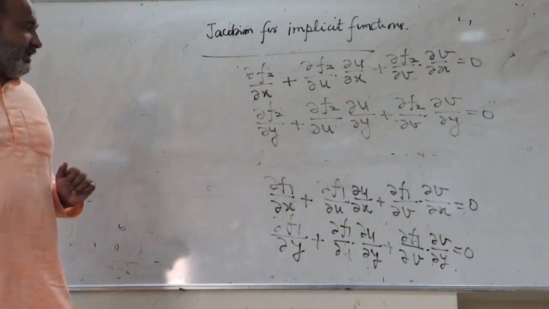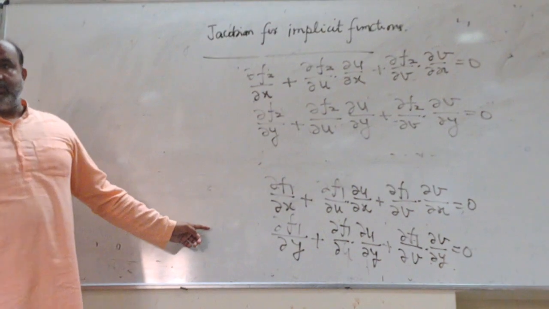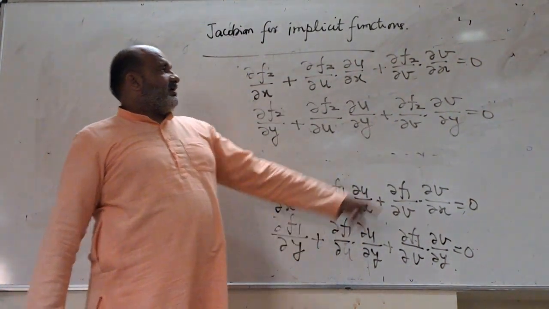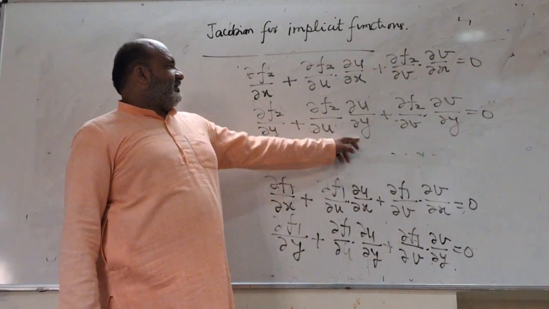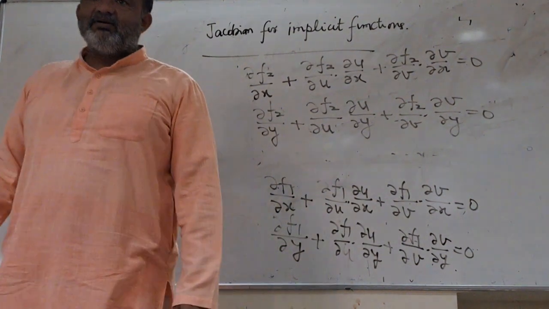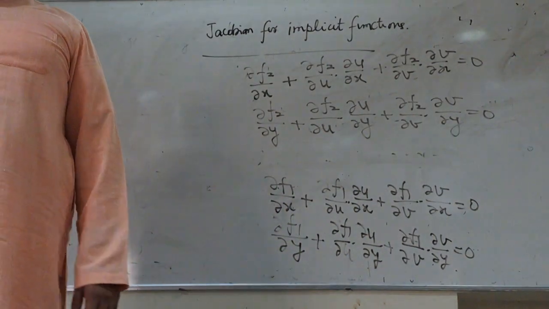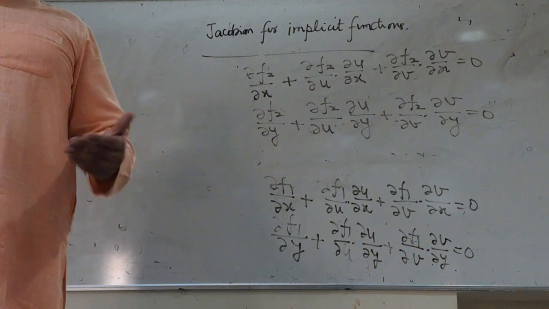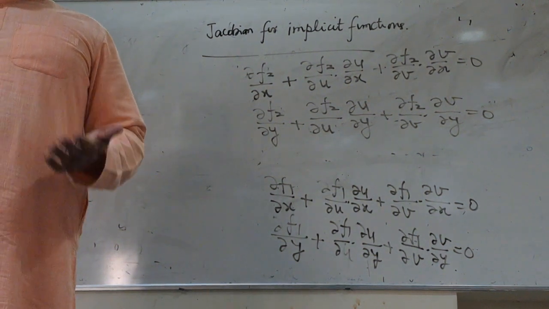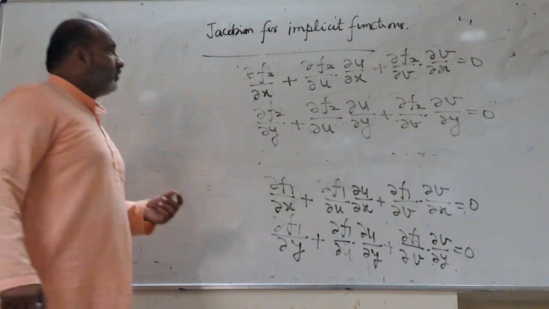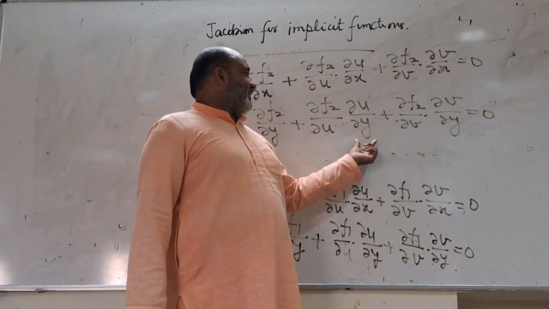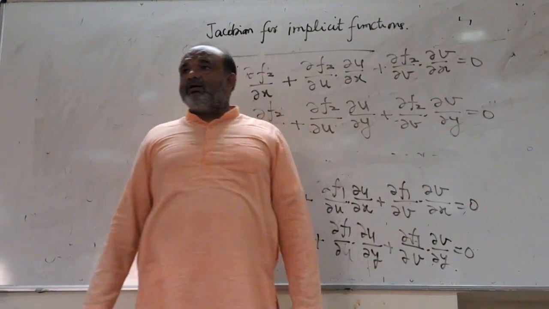Right? So here I am having 4 equations, and let me treat del u over del x, del v over del x, del u over del y, and del v over del y as unknowns, right? And applying Cramer's rule for linear equations, I can find the expression for del u over del x, del v over del x, del u over del y, and then del v over del y.